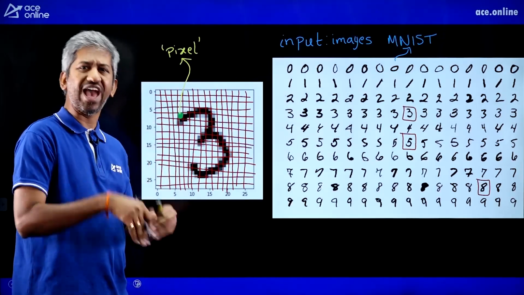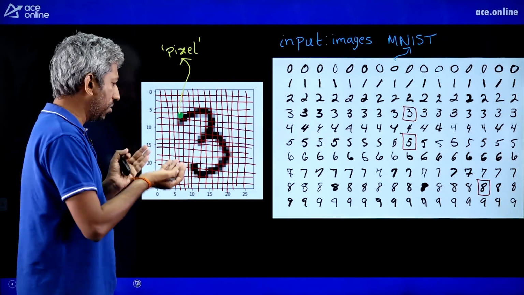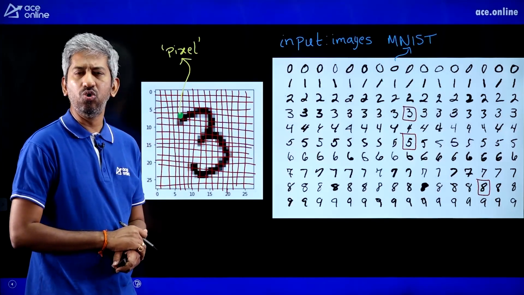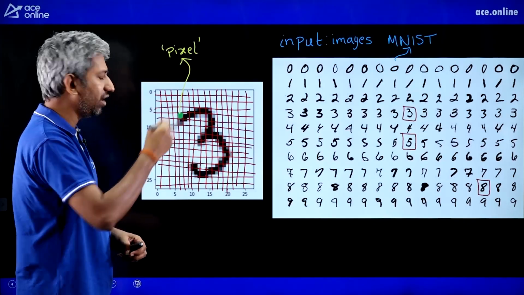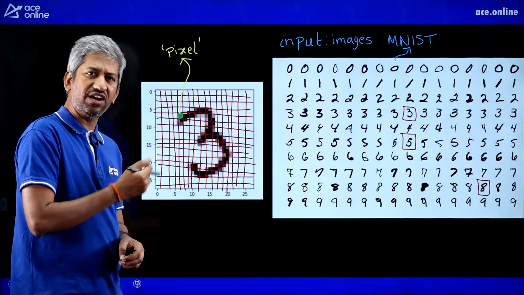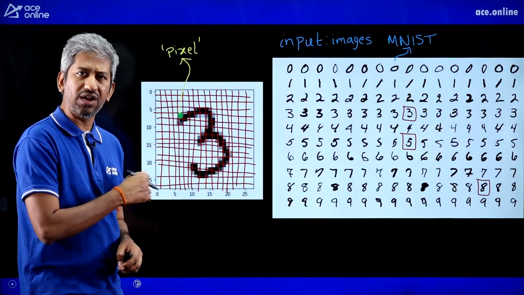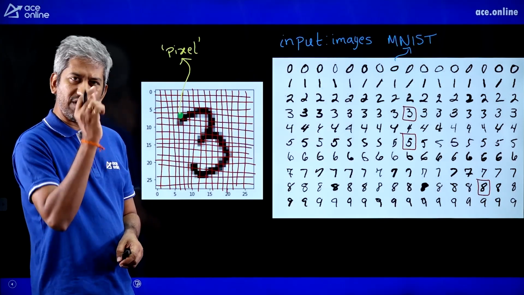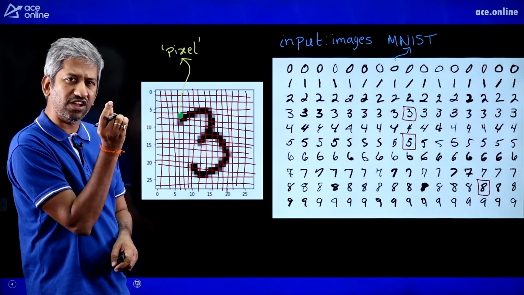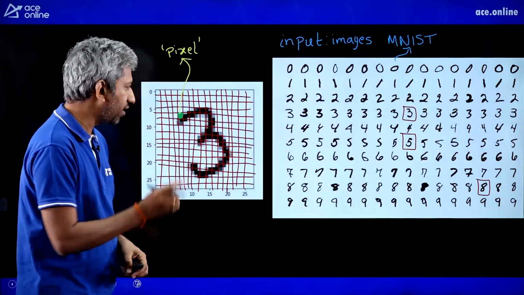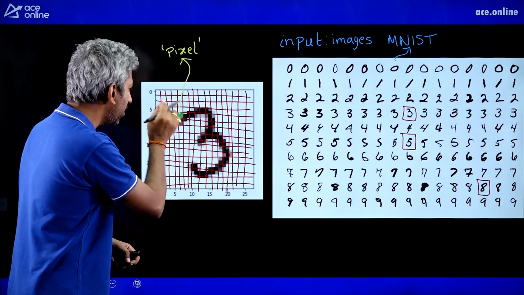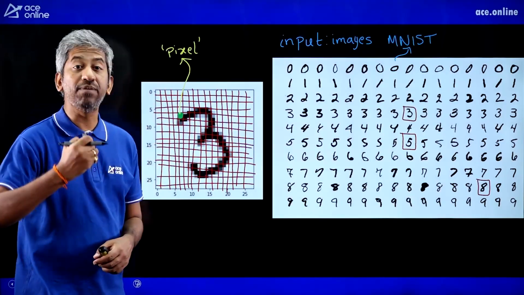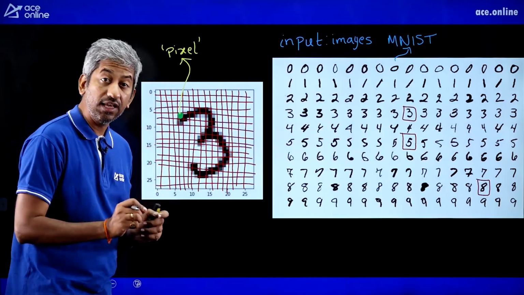How many pixels have we taken here? As an example, I have divided it into 30 rows and 30 columns. You can divide it into 40 by 40 also. You can divide it into 50 by 50 also. Right. So, if you divide it into 50 by 50, the cell size further shrinks. Am I correct? Right.